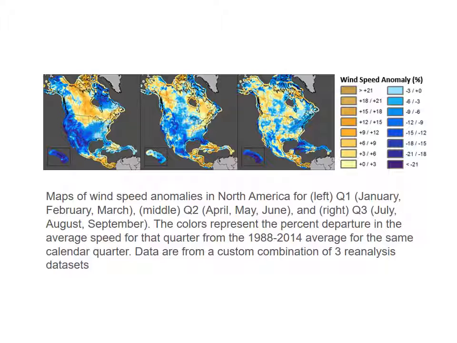So dark blue and purple would represent really significant negative anomalies, right? So well below average wind speeds, whereas yellow and orange would represent positive anomalies, so increased wind production relative to the historical record.